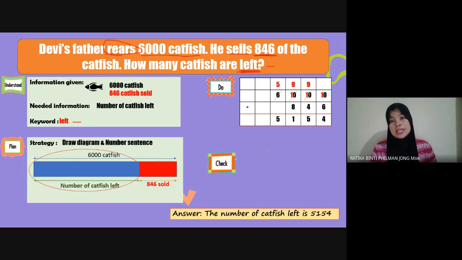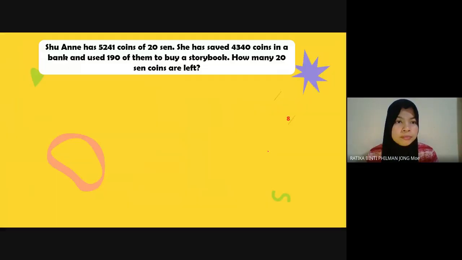So now for the next example, you are going to use either subtract successively or mix operation. What you need to do is you just need to read the question carefully and identify the information given and also the keyword. Okay, so the next question.